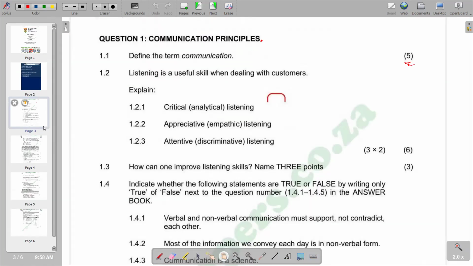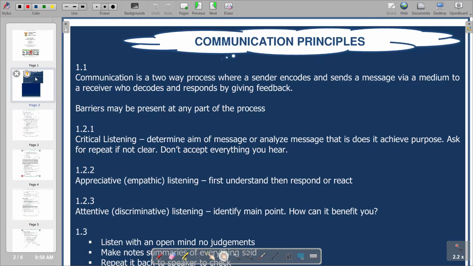Then we move on to the next one, which is attentive or discriminative listening. On attentive or discriminative listening, we are saying you have to identify main points and how it can benefit you. So by listening attentively, you identify the main points, and then you try to see how it can benefit you. That is attentive, or discriminative, listening.